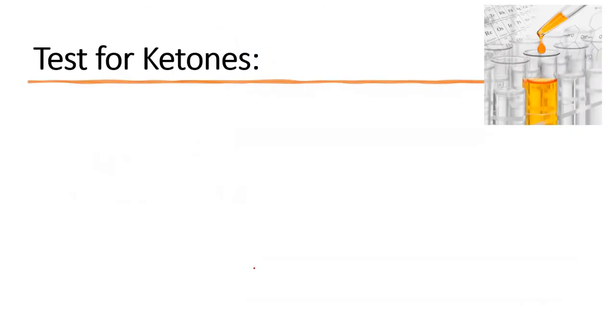Now we'll see the test for ketones. If the ketone is water soluble, then the test is different, and if it is insoluble, we are going to see a different test.